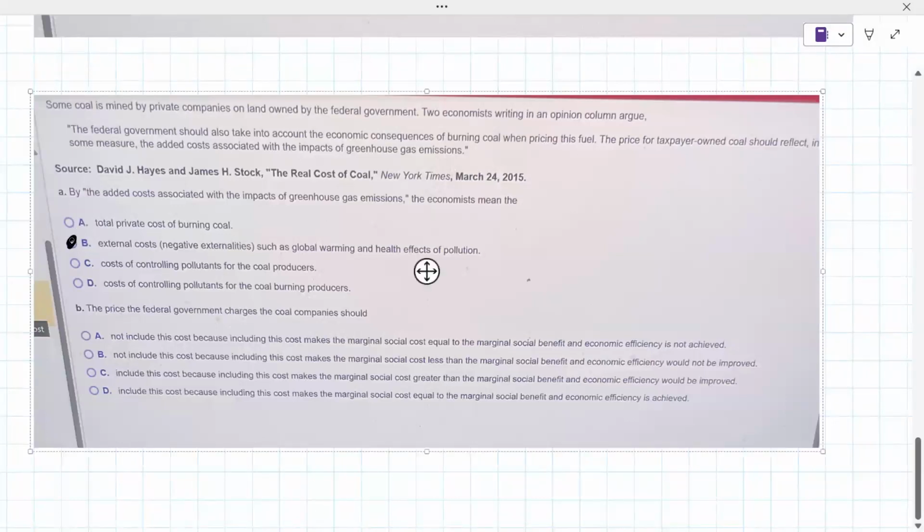So I believe it's this one. See if you agree or not.